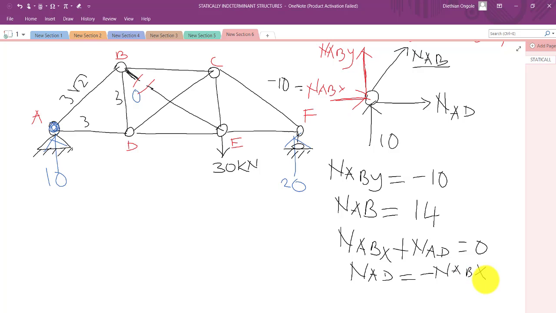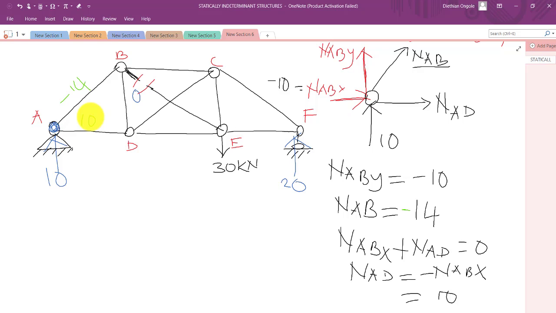By then N_ABX is negative 10, therefore it becomes a positive 10. So we come and add those forces onto our structure here. For N_AB, it's a negative 14. So here I have negative 14. Then on the N_AD, I have a positive 10.